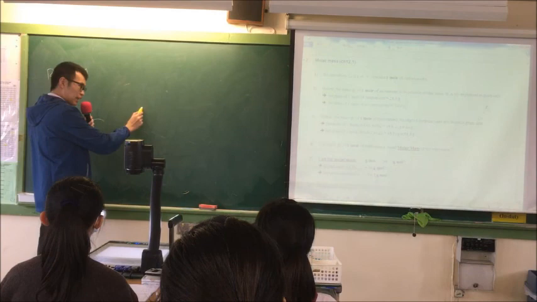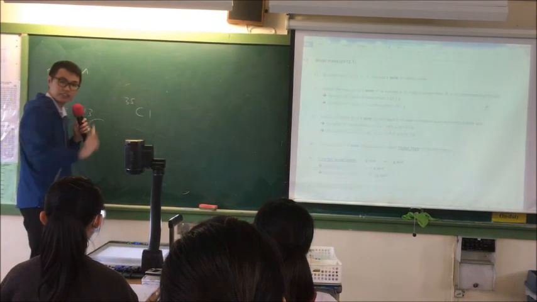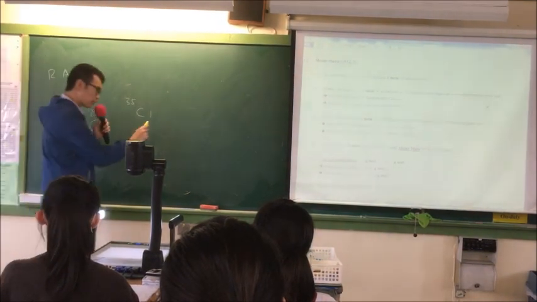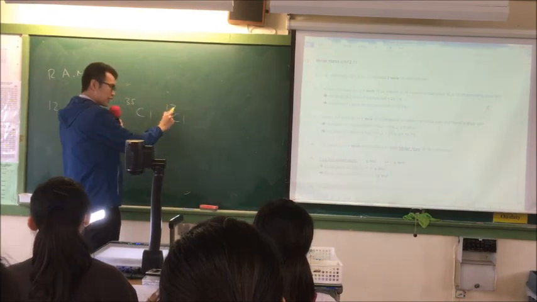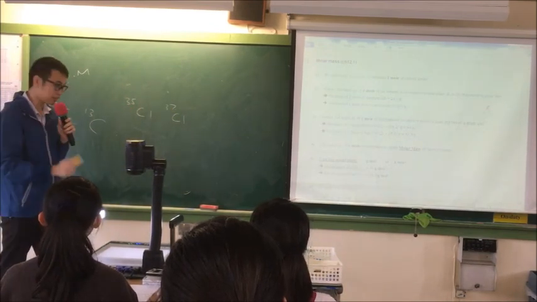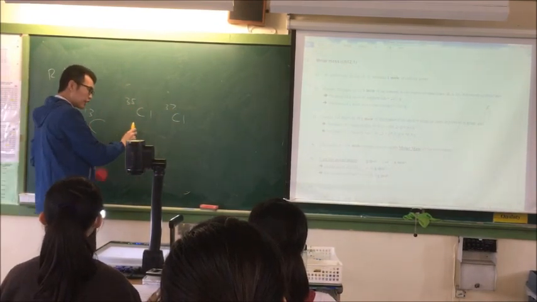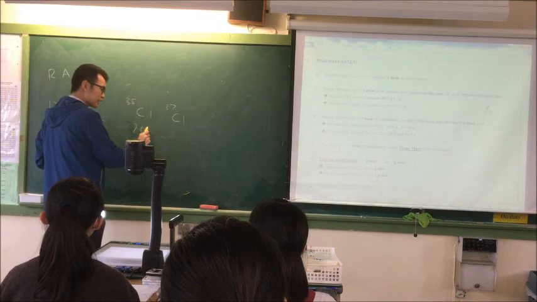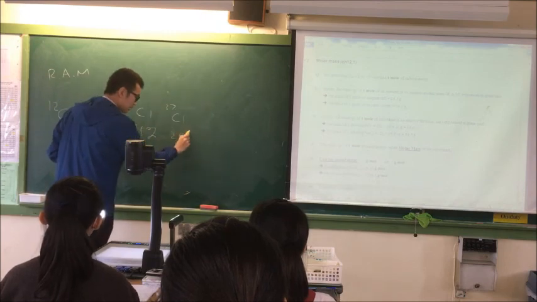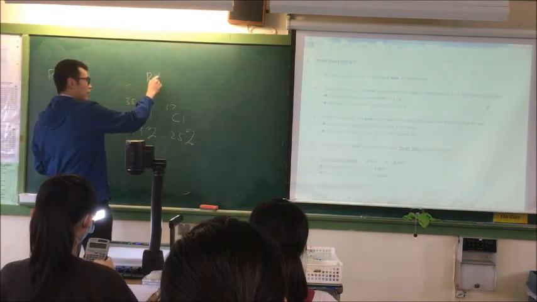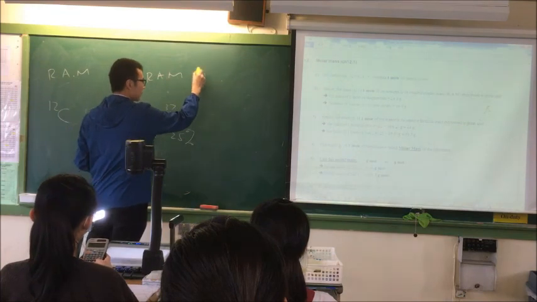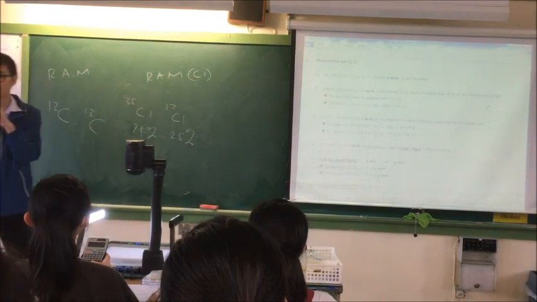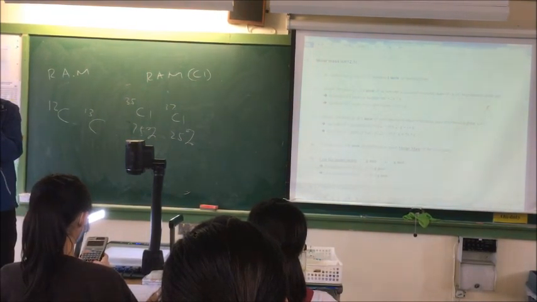What is the mass number of chlorine 35? What is the mass number of chlorine 37? If we know that the relative abundance of chlorine 35 is 75% and this is 25%, what is the RAM of Cl?